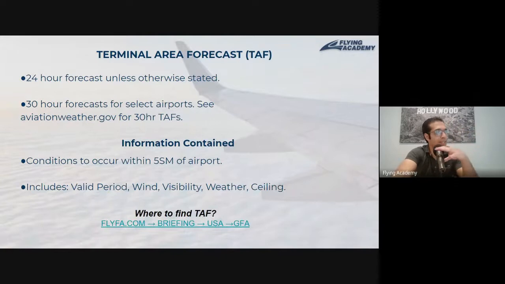So METAR is an observation, TAF is a forecast, and it is valid throughout 24 hours, and for some stations the TAFs are even valid as long as 30 hours.